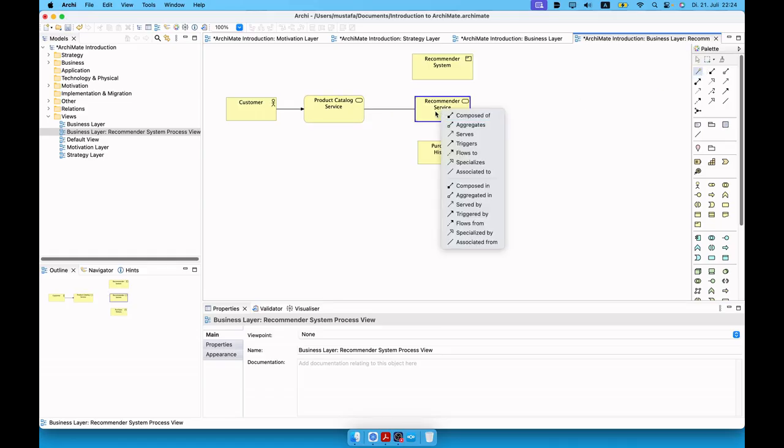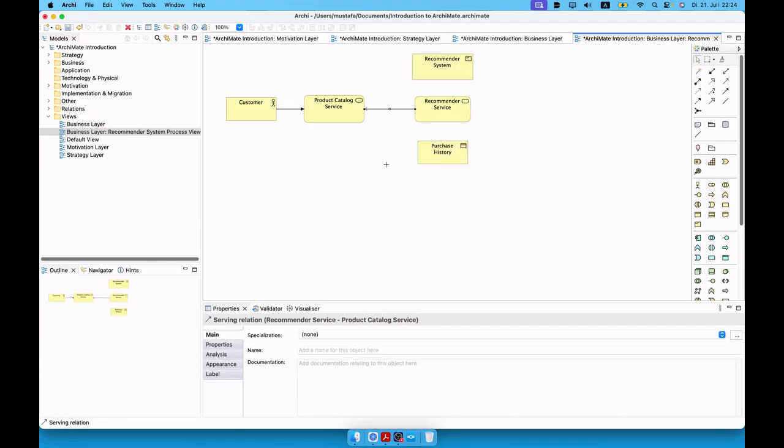It could even be more suitable to say it is served by the recommender service. However, the flow or the direction of the arrow will be in the opposite direction. Let's try that, but keep in mind that the flow is visually interpreted in the opposite direction. So this is how it would look, but according to the ArchiMate standard it means that it is served by or uses the services of the recommender service.